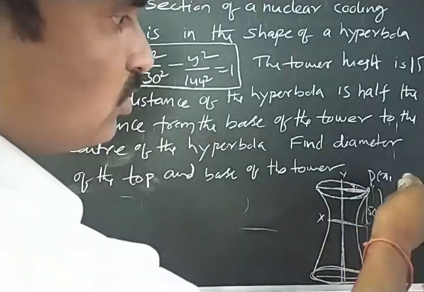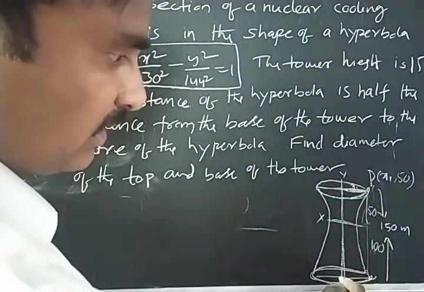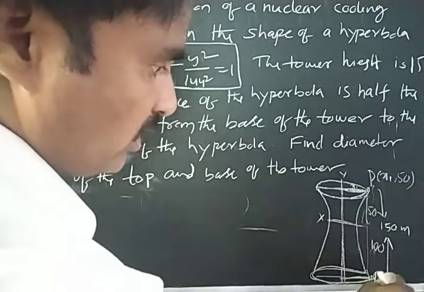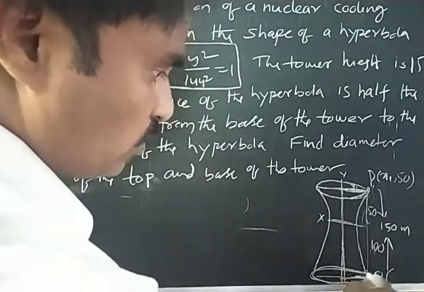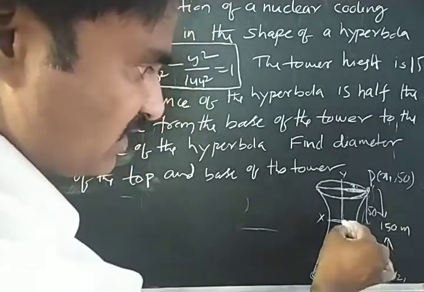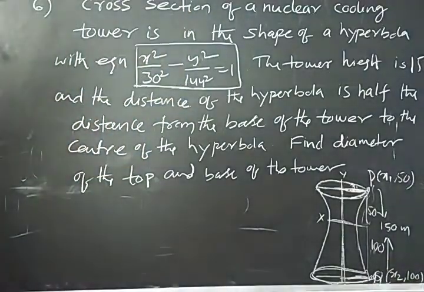If it is 50, then the y coordinate is 50. Now we don't know this diameter, so I am taking another point Q here with x2, and the height from the center is 100, so the y coordinate is 100. Okay, right.